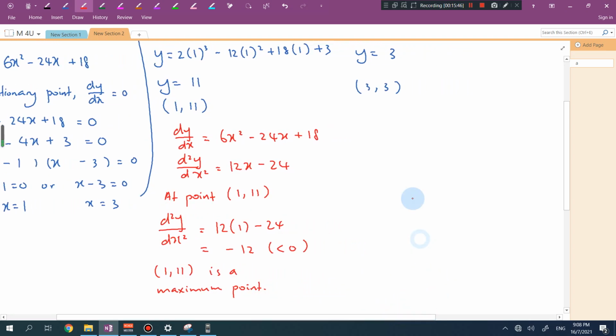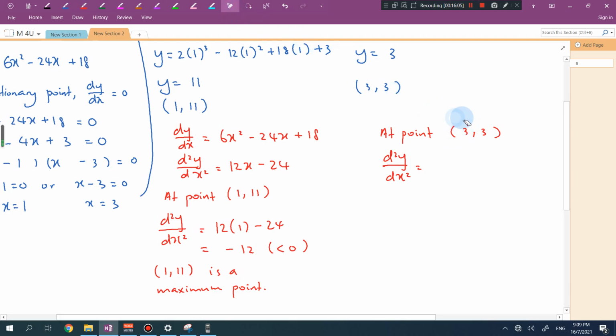Okay, now how about this point? At point (3, 3), we do the same thing. We substitute the x coordinate.